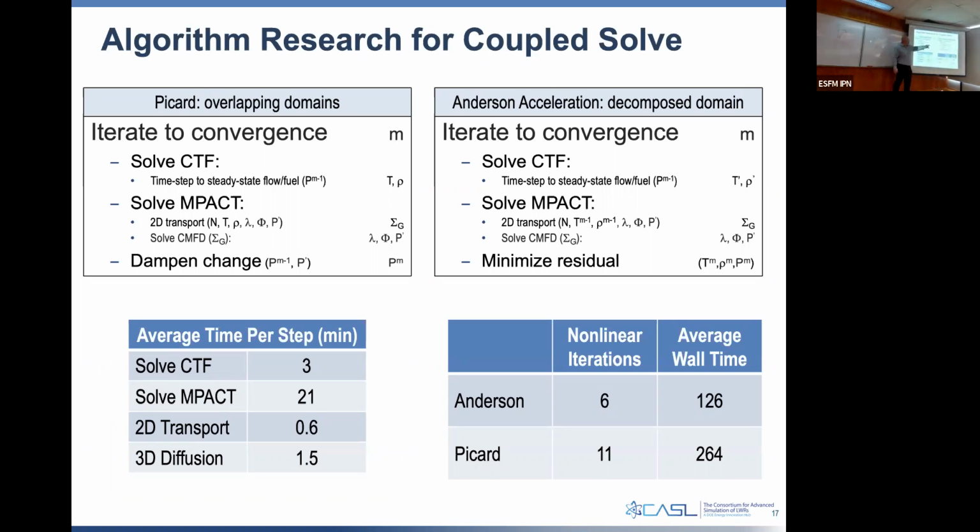When we switched to Anderson, we had 200 processors sitting around doing nothing for 18 minutes, because they only needed 3 minutes of work per time. But we said, if we could just do 1 transport and 1 diffusion and 1 Cobra TF, and we only need 6 Cobra TFs to get the right answer, that could be a whole lot faster.